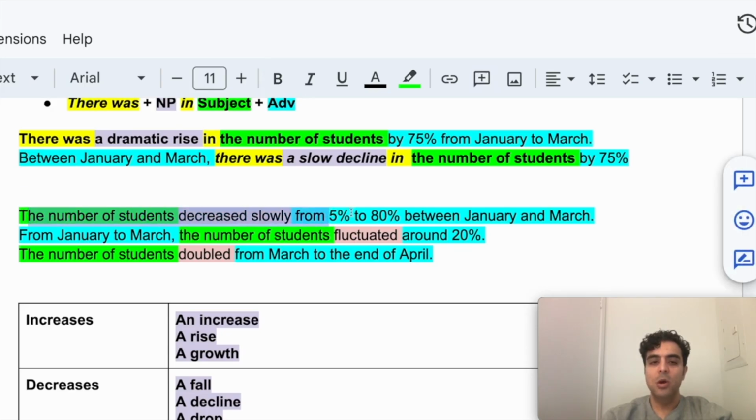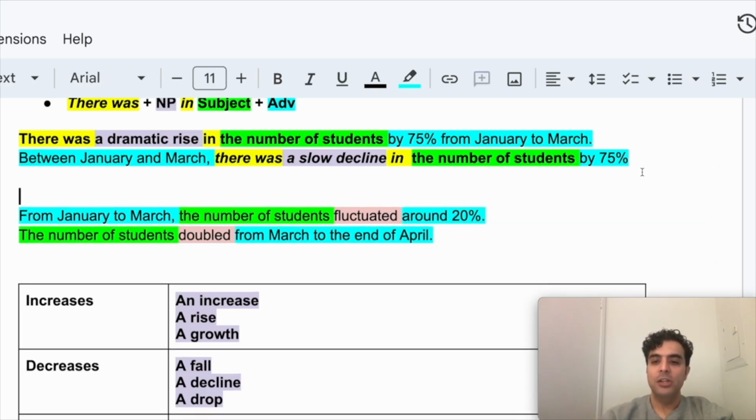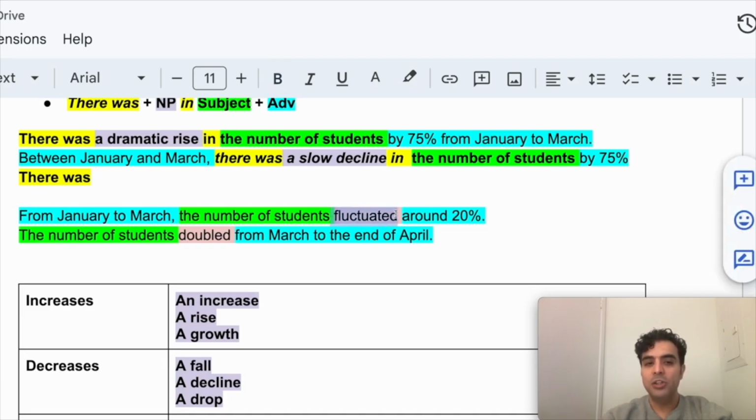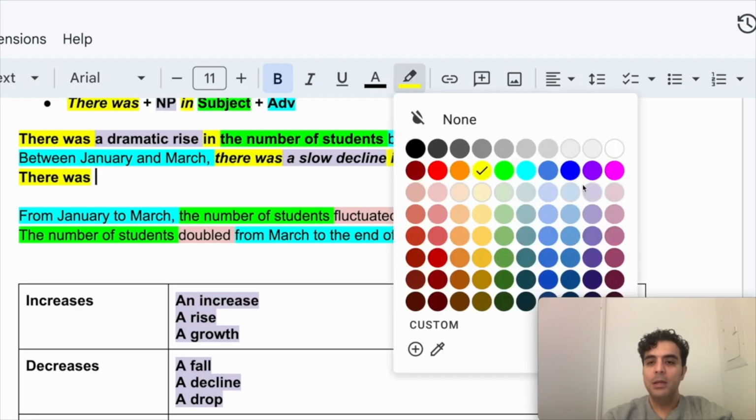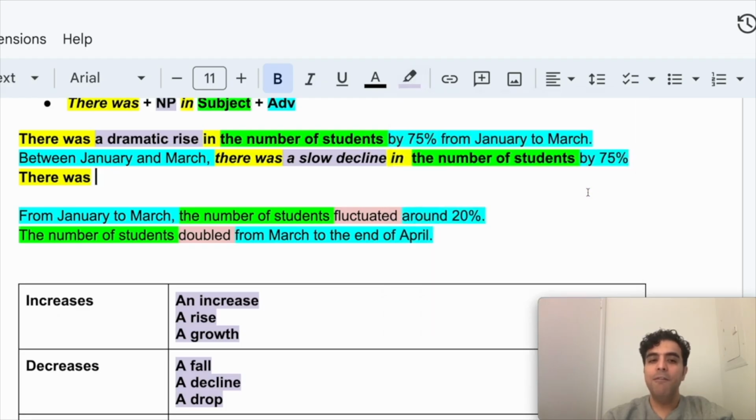Okay, let's do the next one. So decreased slowly, we've done this one. What about the one that focuses on fluctuation? I'm going to make some more changes. So one more time, I'm going to start with the yellow part. Fixed expression, there was. Okay, but then this one, it's describing a fluctuation. So what am I going to say? There was a fluctuation, and then I have to say in something. So there was a fluctuation in what? The number of students.